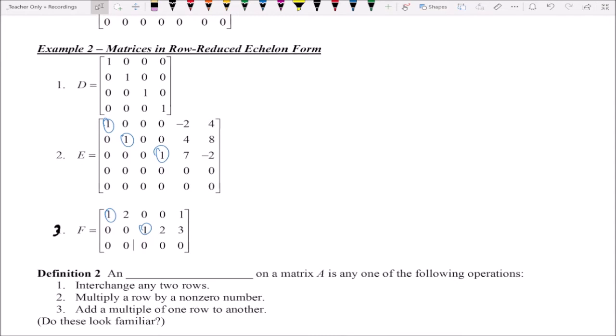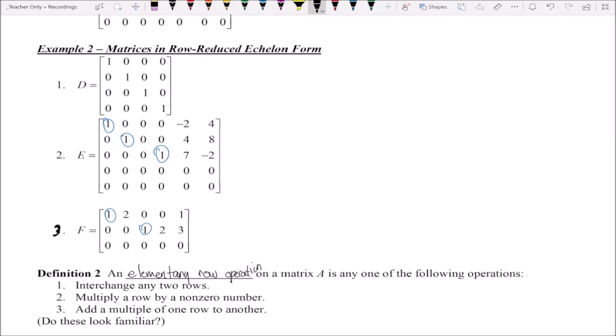Okay, so an elementary row operation on a matrix A is any one of the following three. We can interchange any two rows. We can multiply a row by a non-zero number.